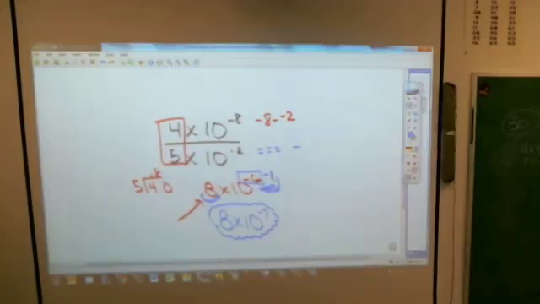Let's see what else. There's got to be another one here. Let me give you one to try. How about this? 1.2 times 10 to the 8th.